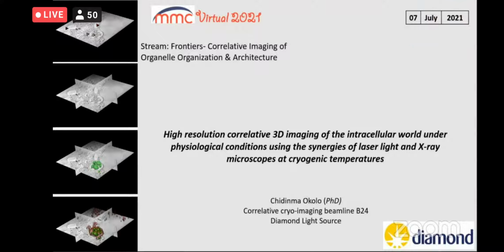Yep, that works. So today I'll be giving a talk on how we harness the power of two microscopes to image organelle organization and architecture in 3D and 2D.